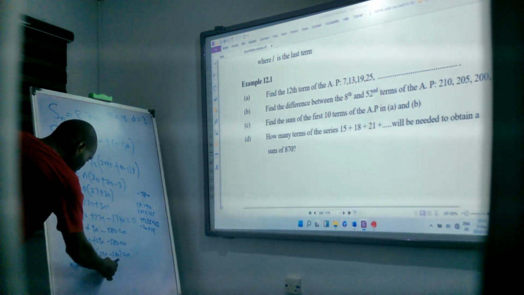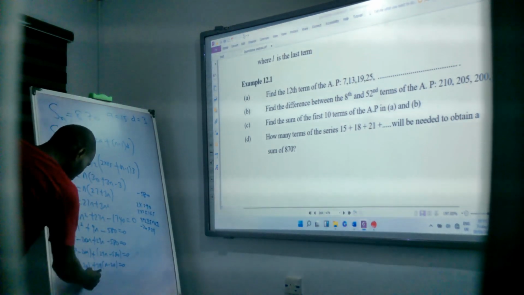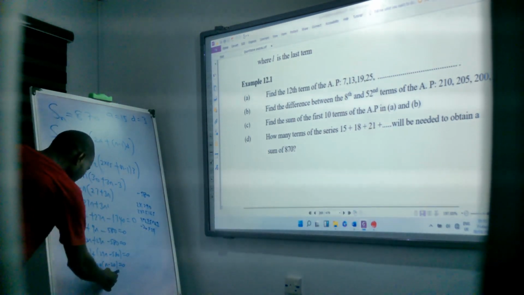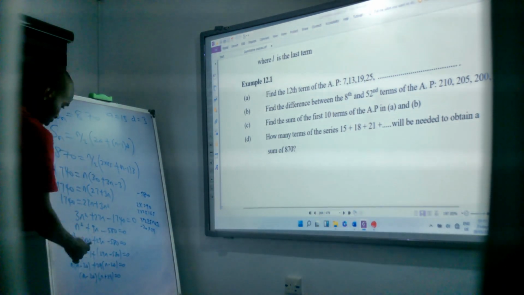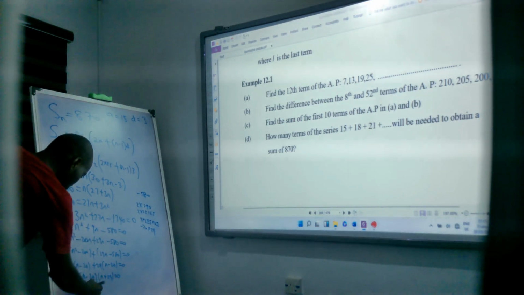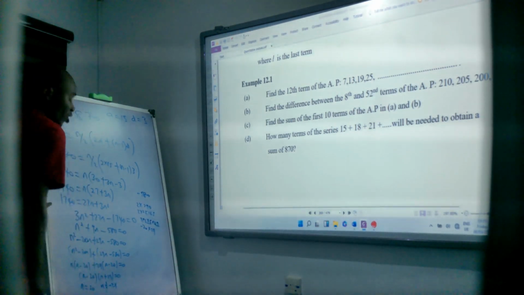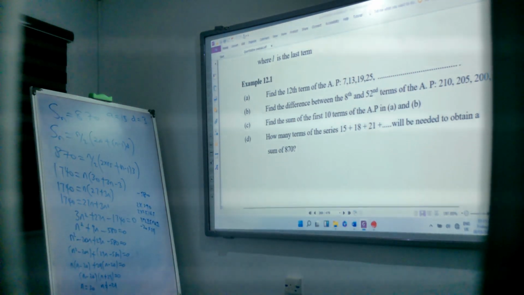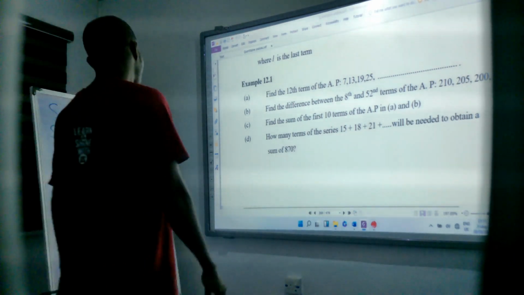What is common? n is common, so I have n minus 20. 29 is common, and we have n minus 20. n minus 20 is common, so we have n minus 20 times n plus 29 equal to 0. So both will be equal to 0. n will be 20 and n will be minus 29. n cannot be negative, so our n is 20.